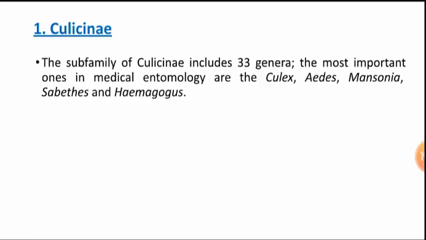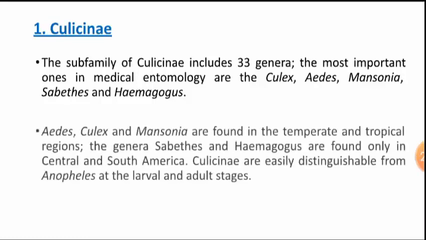The most important ones in medical entomology are Culex, Aedes, Mansonia, Aedes, Culex, and Mansonia are found in the temperate and tropical regions. The genera Sabethes and Haemagogus are found only in Central and South America.